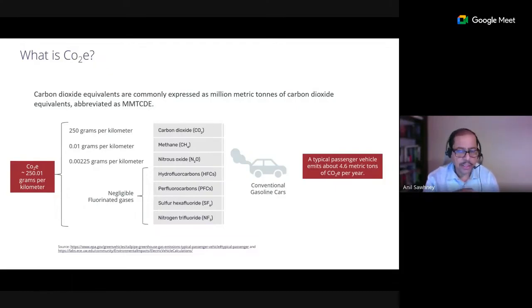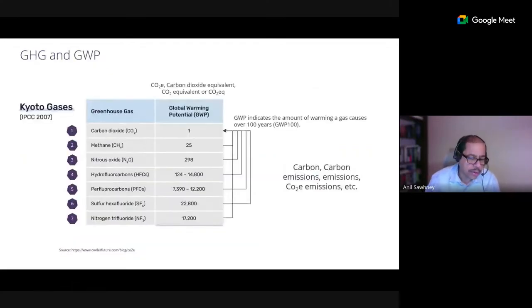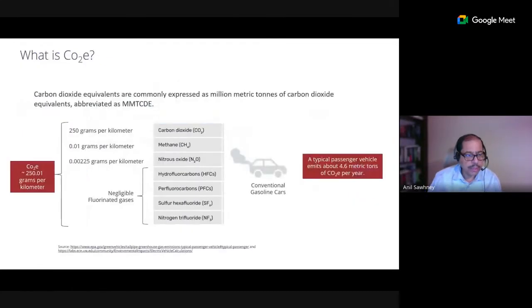So the point I'm trying to make is our unit of measure is going to be carbon dioxide equivalent, but we loosely say carbon emissions, carbon dioxide emissions, but technically it means carbon dioxide equivalent, CO2e, which, as per these two slides, is how you calculate it. But you will really not have to go into these details because we will always be calculating like this. So in this case, for a car, we have calculated 4.6 metric tons of carbon dioxide equivalent per year.